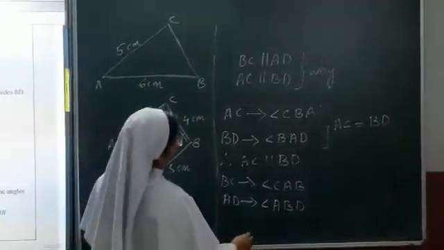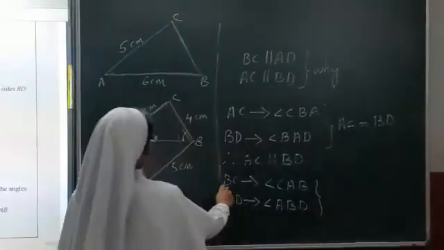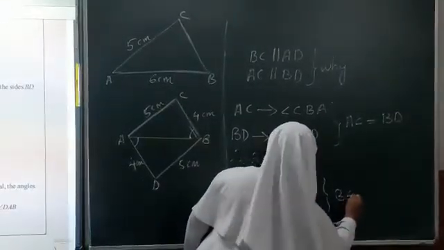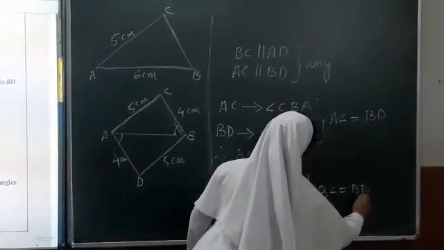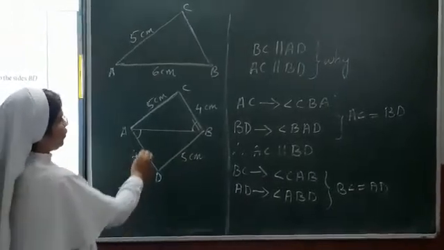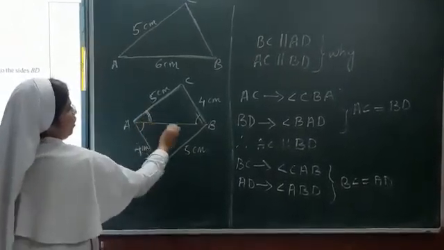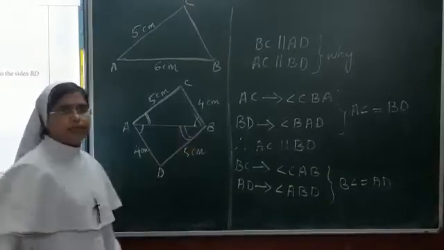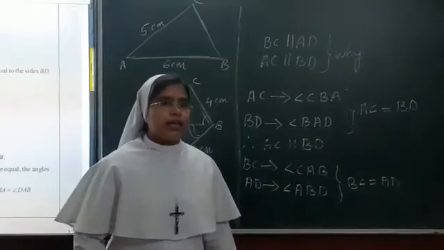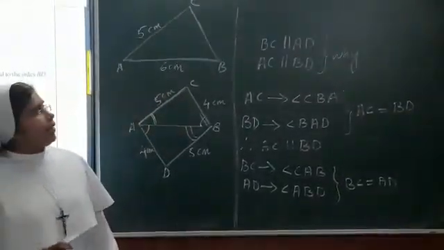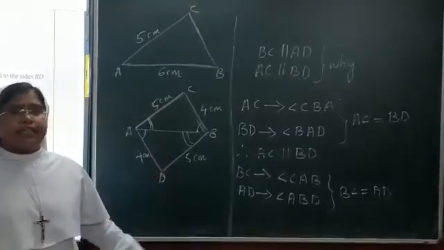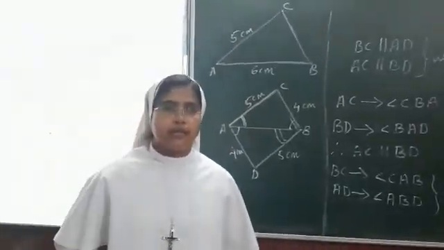And we know that here BC is equal to AD, which means their angles are also equal. Here too we can find the alternate angles are equal. Hence, the question was why BC and AD are parallel or AC and BD are parallel. So, we have proved that the alternate angles are equal.